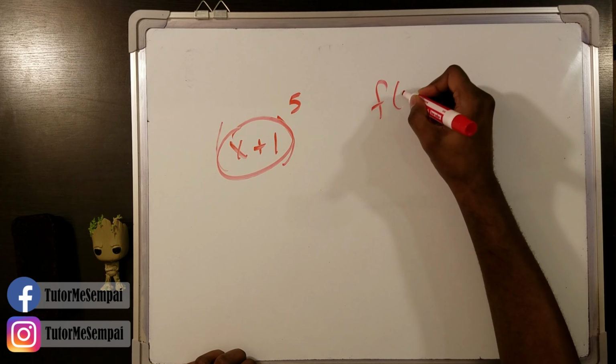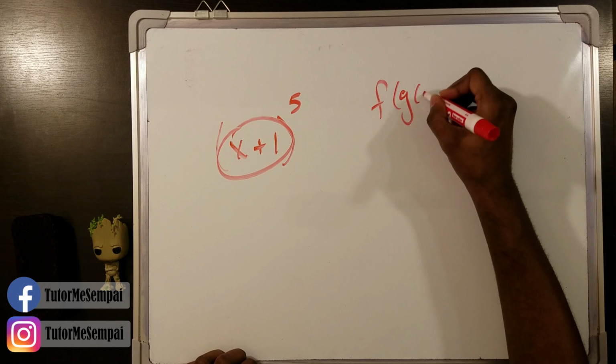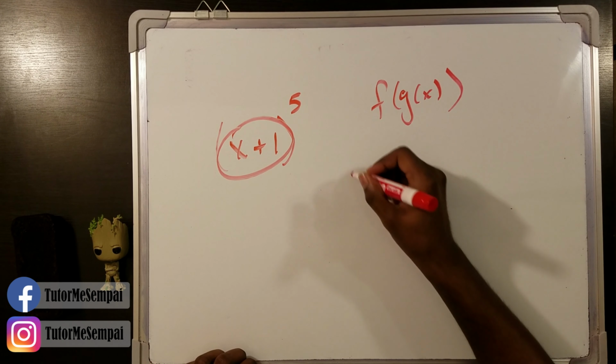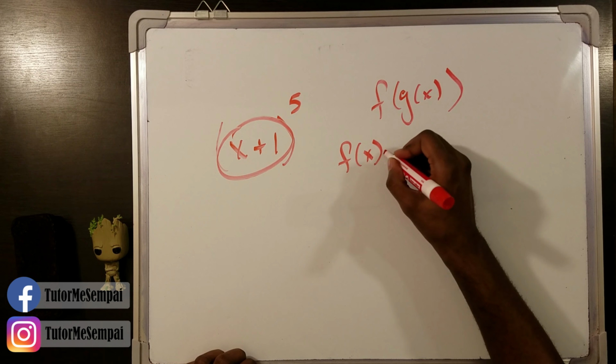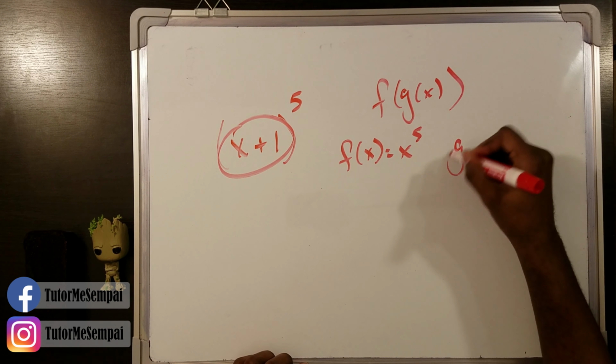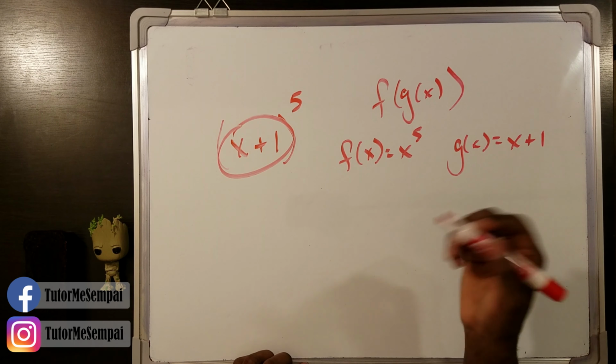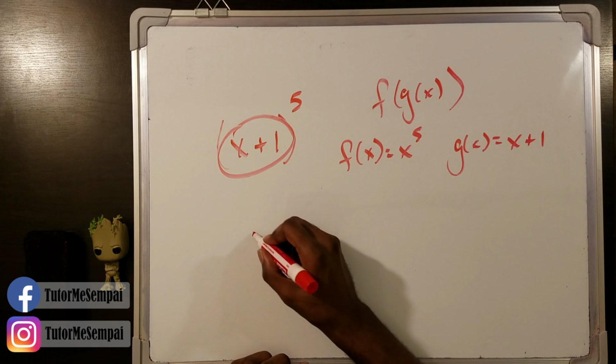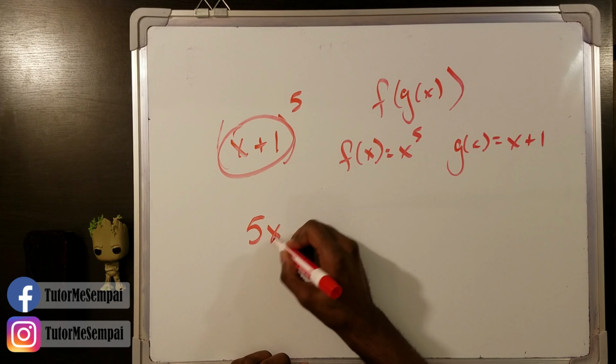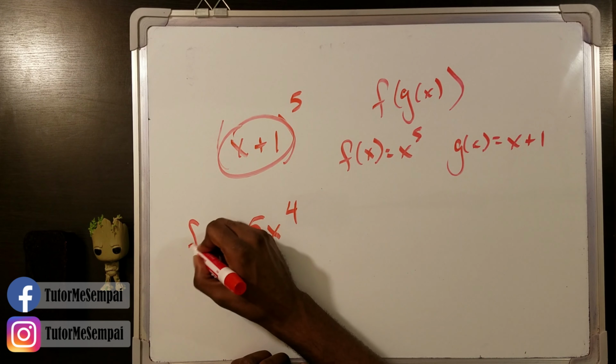So, just to show you, this would be f of g of x, right? Where f of x equals x to the 5th, g of x equals x plus 1. And if you were to do the outside function derivative, you would get 5x to the fourth, right? f prime.